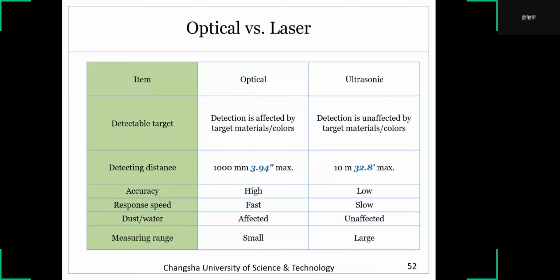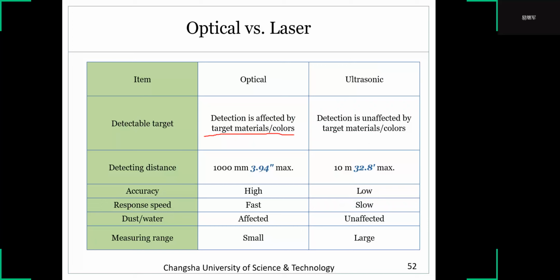This is a comparison between optical and ultrasonic. The optical detection is affected by target material and colors.